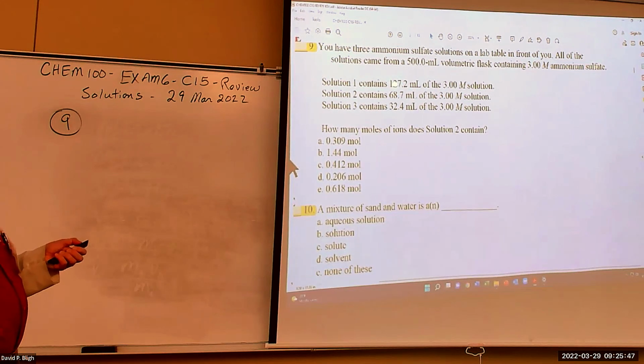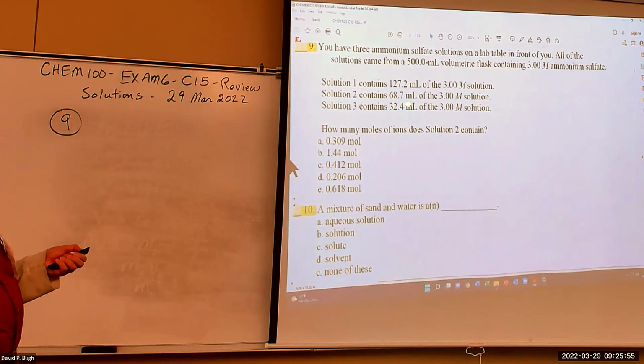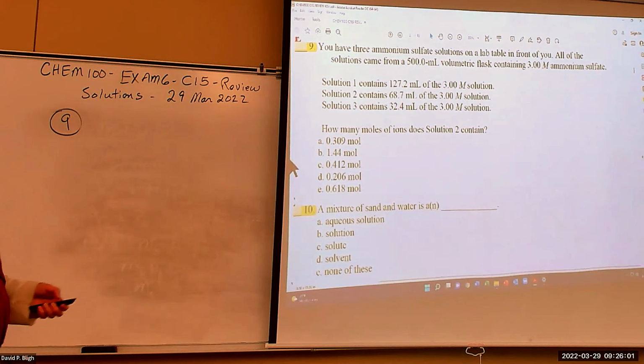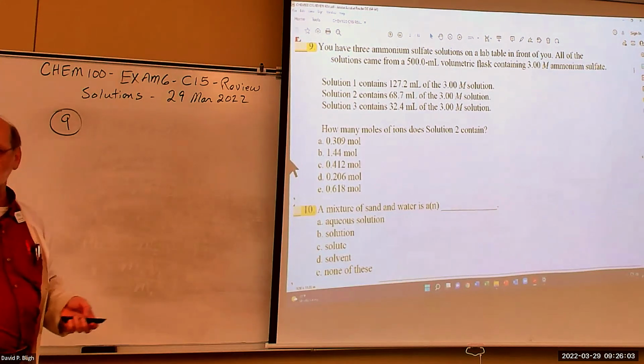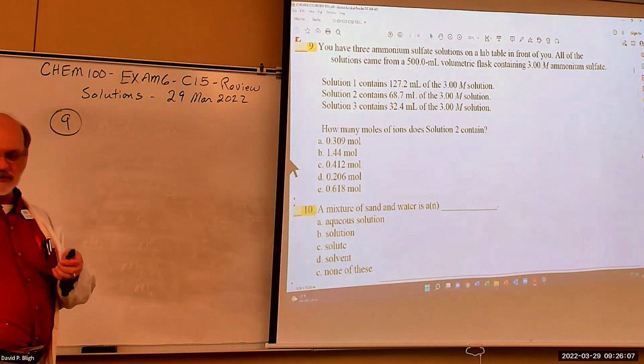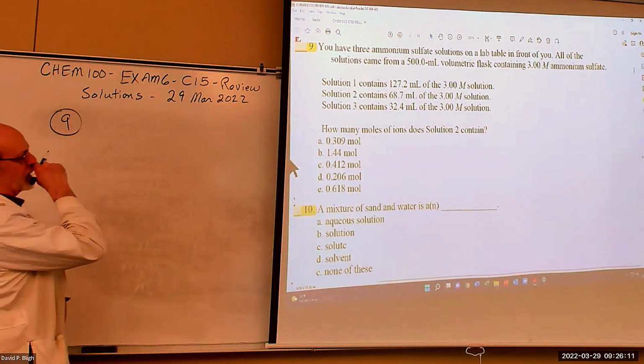They're just different volumes. The question is focusing in on solution 2, so we only have to be concerned with this information right here. The rest of it is blue smoke, blown in your face to cause confusion. That's the purpose of multiple choice questions, word problems especially.